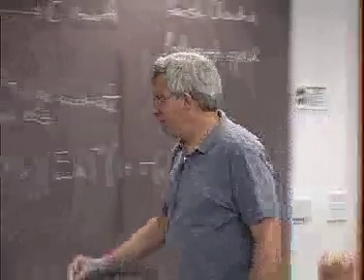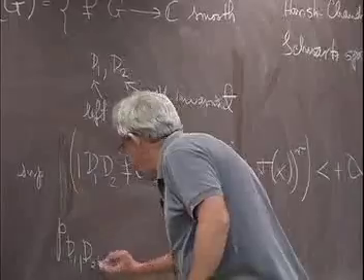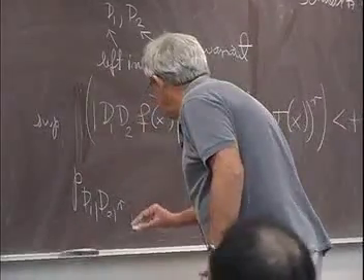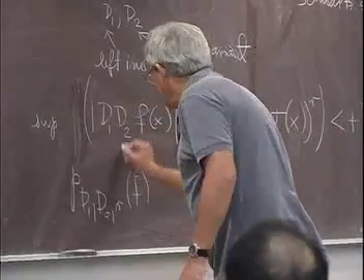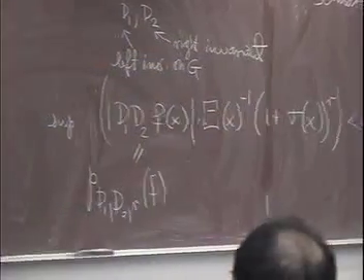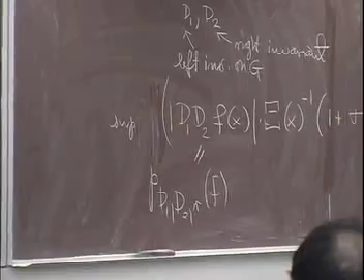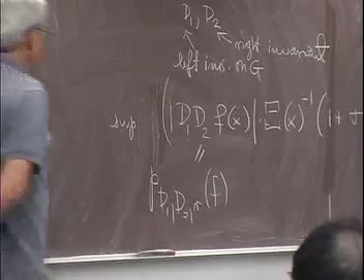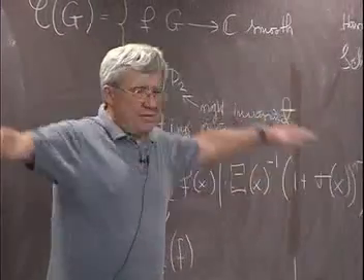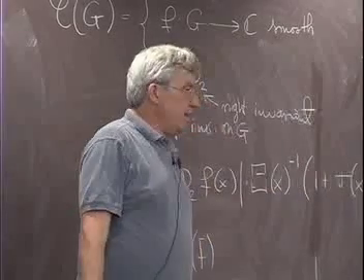Or you can just define seminorms as these suprema, and then this defines the locally convex topology on C of G. So this is a space of functions which decay with a certain exponential rate of decay at infinity.